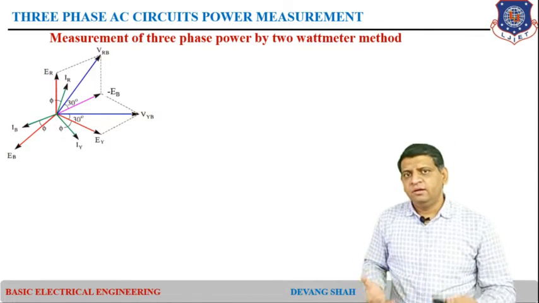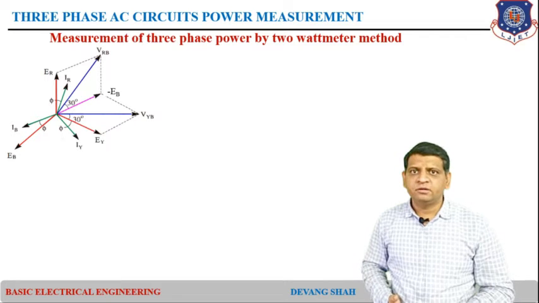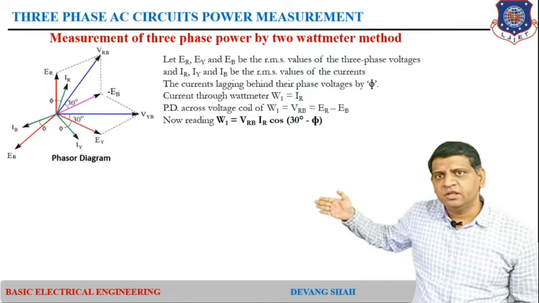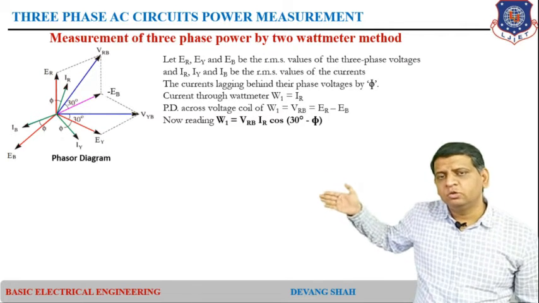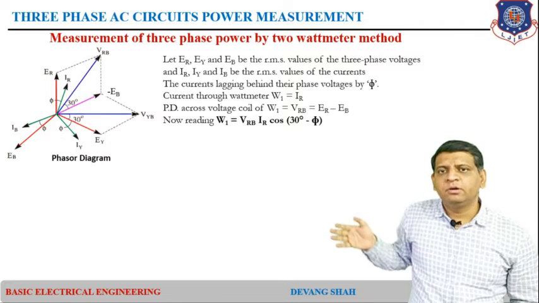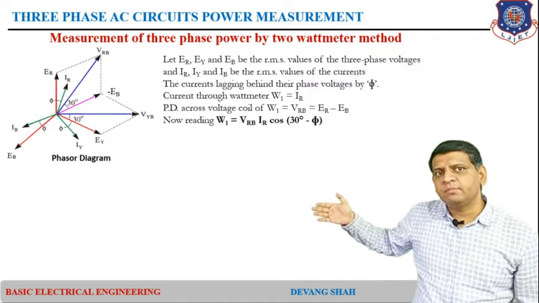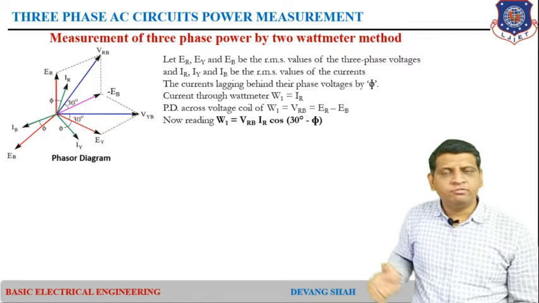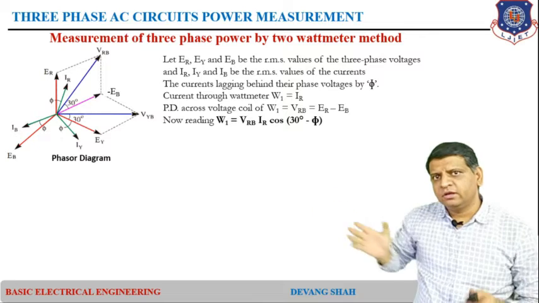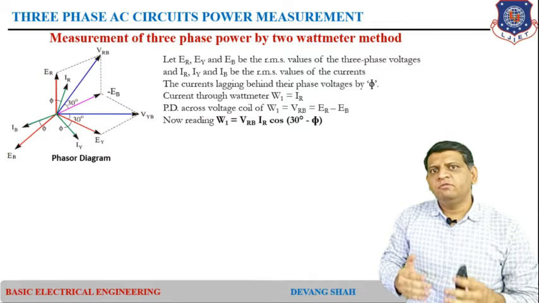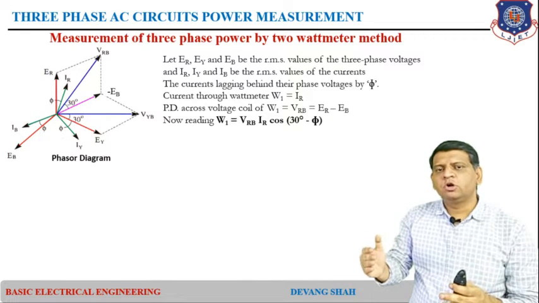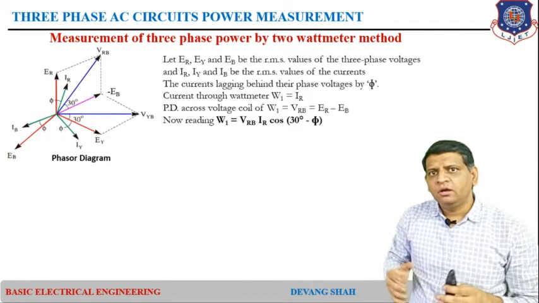So, let us say the next terminology is to find the power factor by this particular phasor diagram. The wattmeter reading W1 is equal to the current passing through W1, which is IR, and the potential difference across W1 is nothing but VRB, and that is equal to ER minus EB. Now, for the reading of W1 from this phasor diagram, you have to find the relationship of the current passing through the current coil and the potential difference or voltage drop available at the pressure coil.